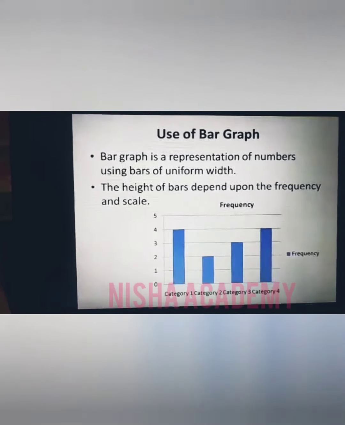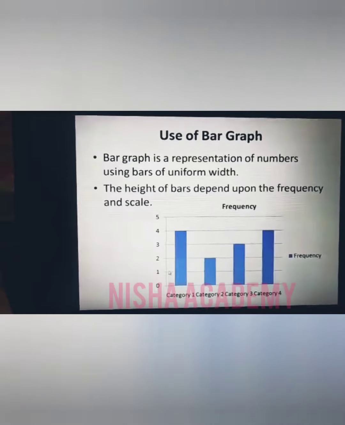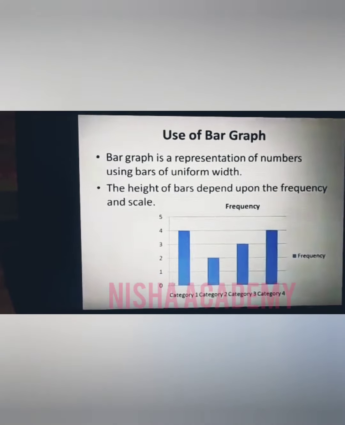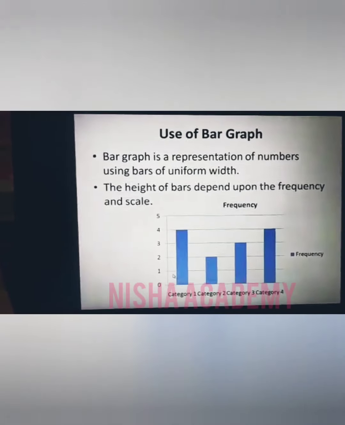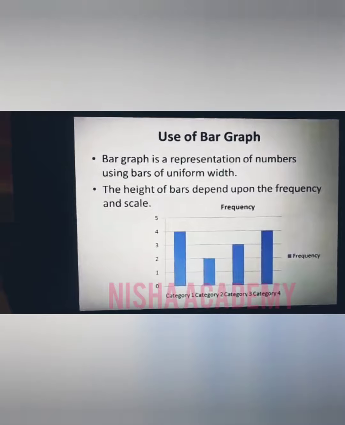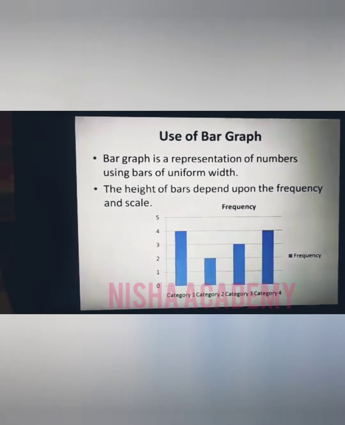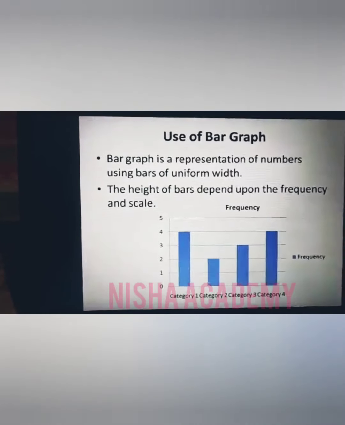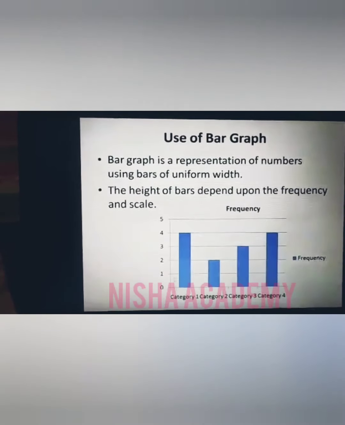Now what do you mean by scale? Scale means how much you measure it. Now this is 0 to 1, so this is 1 centimeter of your graph book. You might have studied the graph before in the 6th standard, so I am repeating here that when you see a graph, you have 1 centimeter square boxes.